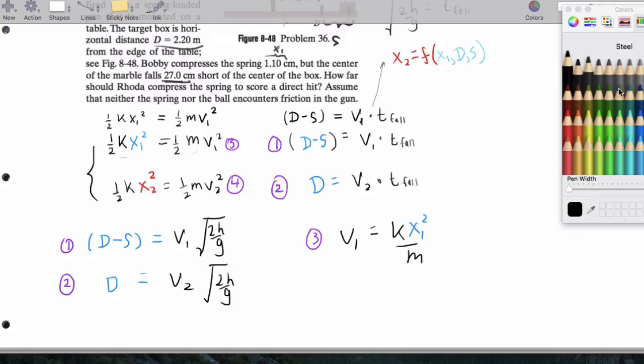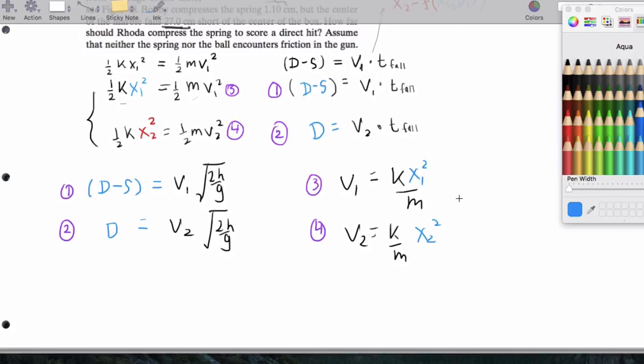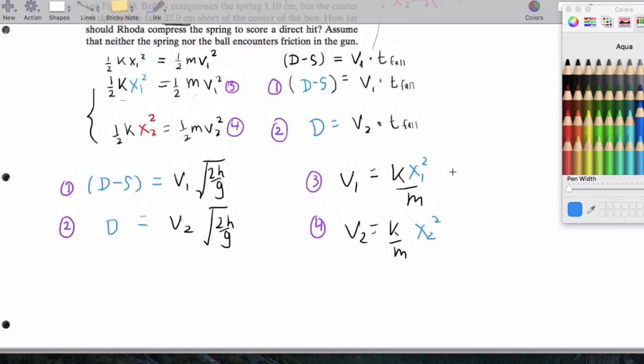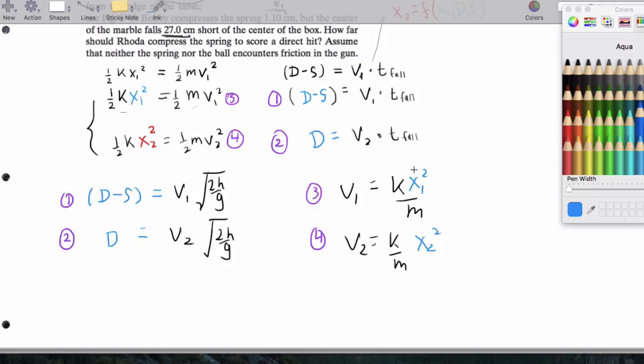And I'm going to get a very similar formula for number 4, v2 equals k over m times x2 squared, which is going to be useful in a second. I'm sorry, this needs to be all under a square root, so I apologize for that.